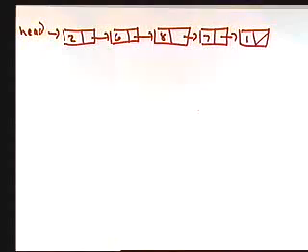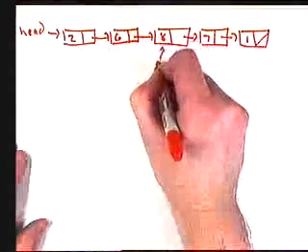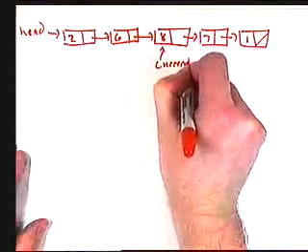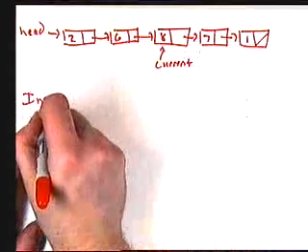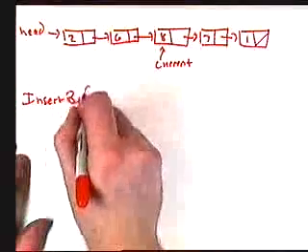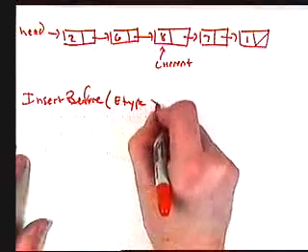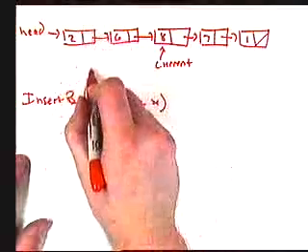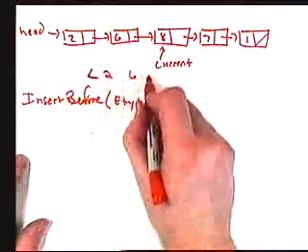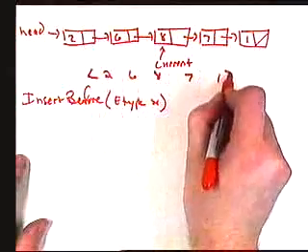And now we're going to run insert before. Again, this will be current. And here's our conceptual list. 2, 6, 8, 7, 1.